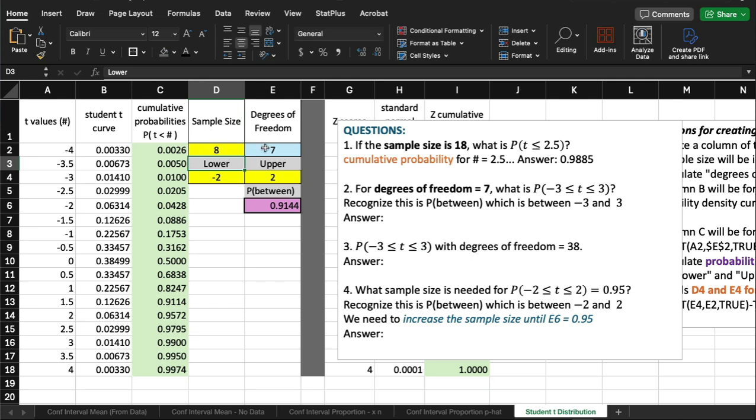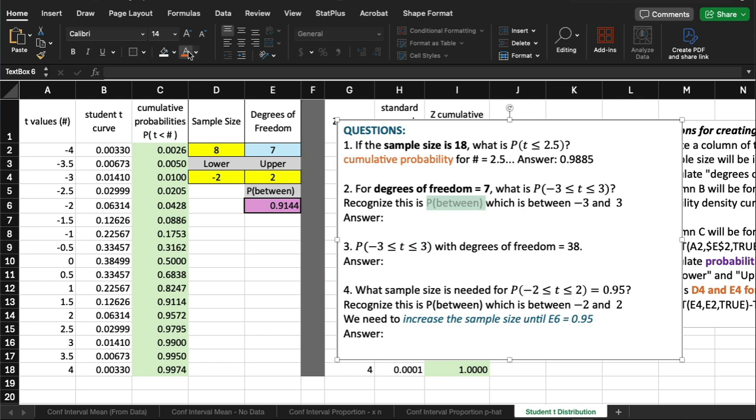And now it's asking for the probability of a t-score being between -3 and +3. So we need to recognize that this is a probability between two values. So now we need to put the lower value as -3 and the upper value as +3.